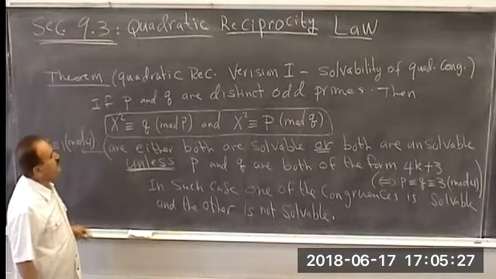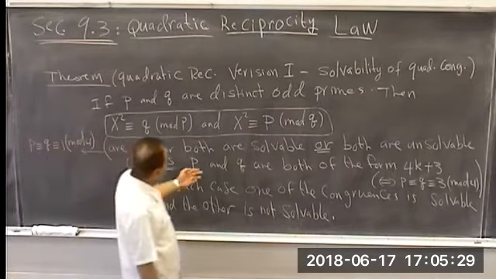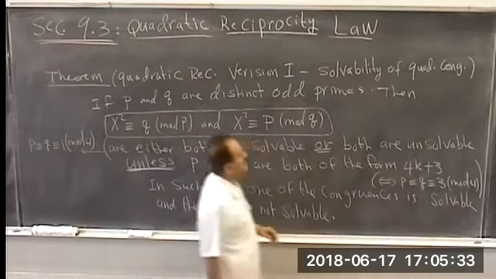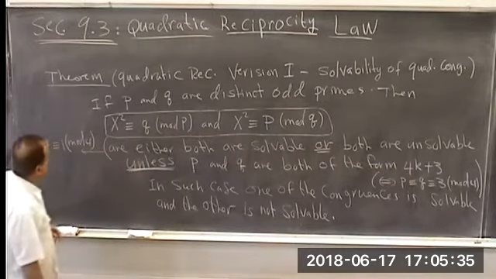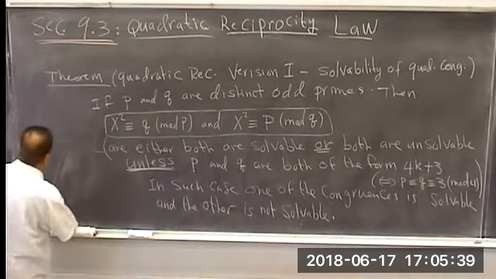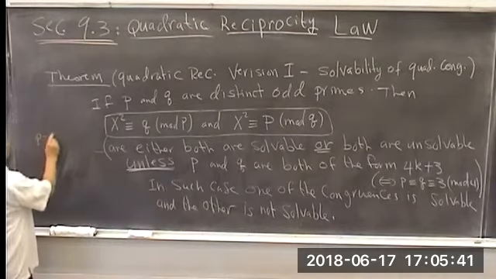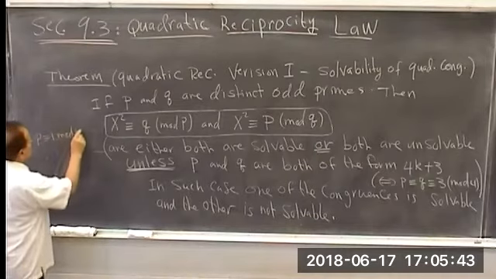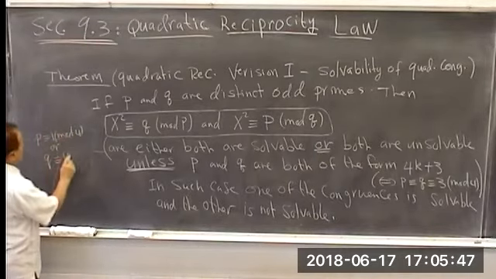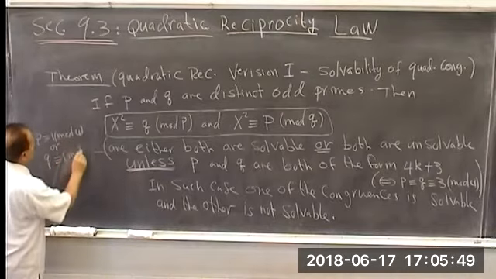However, if both primes P and Q are of this form 4k plus 3, all right? So in here, maybe I should write it like this, because it's not both of them. P is congruent to 1 mod 4, or Q is congruent to 1 mod 4. We're going to explain all of this.